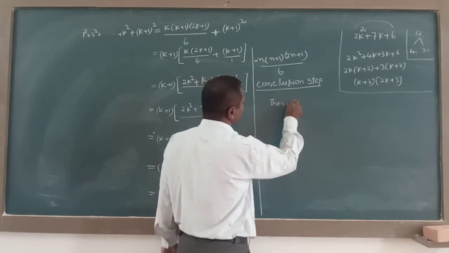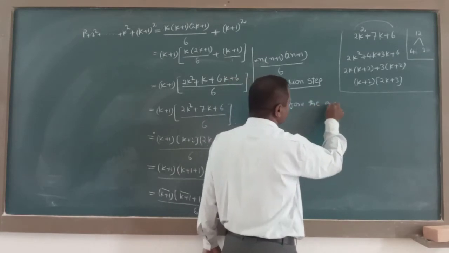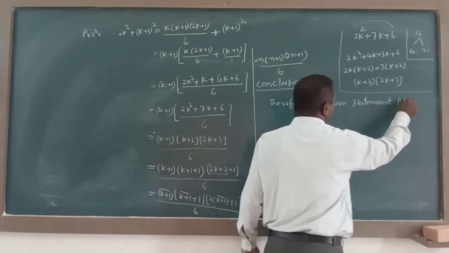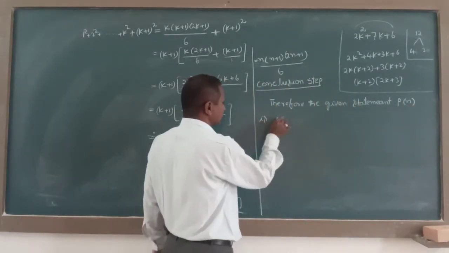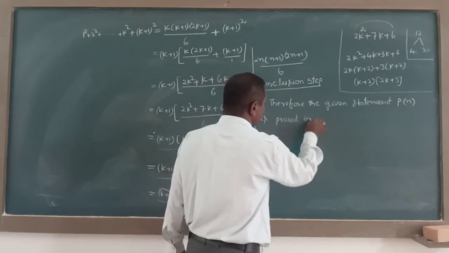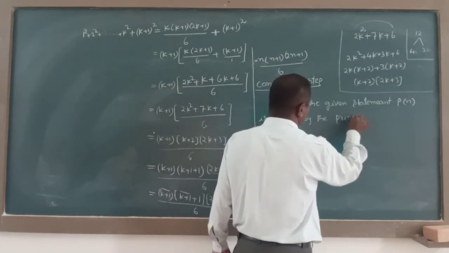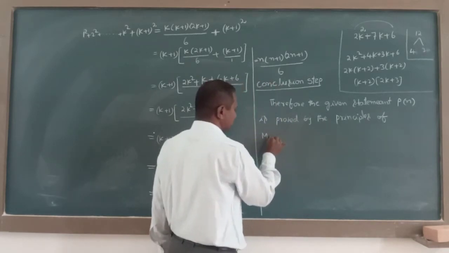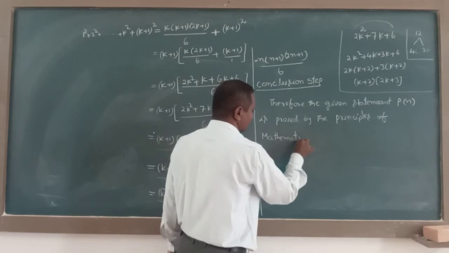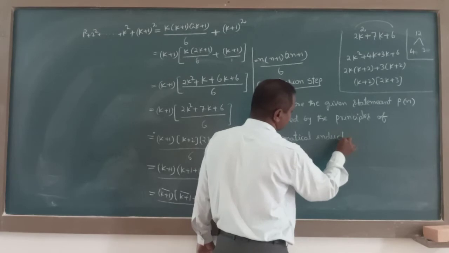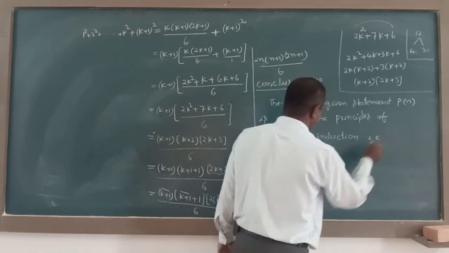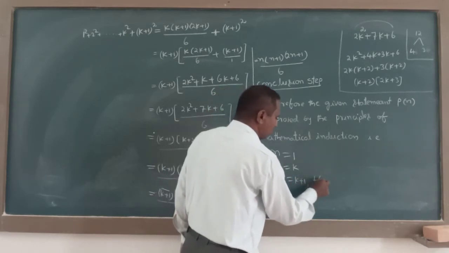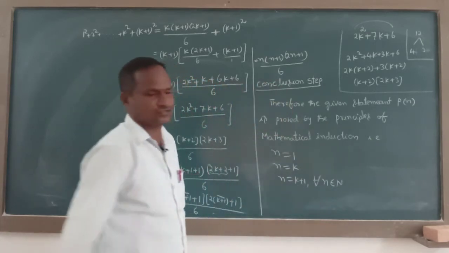Therefore, the given statement P of n is proved by the principles of mathematical induction, that is n is equal to 1, n is equal to k, and n is equal to k plus 1, that is for all n belonging to capital N, is the solution for this question.